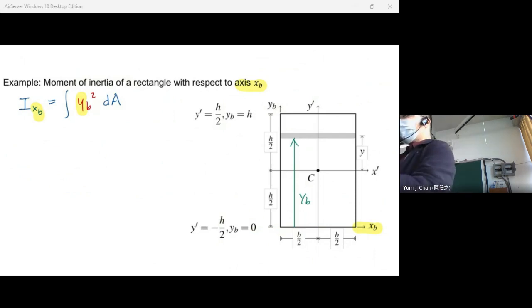Now for the integration, let's work on it. So it is yb squared times what's dA? dA is equal to the width of the rectangle b times dyb, right? Because this thickness is dyb.